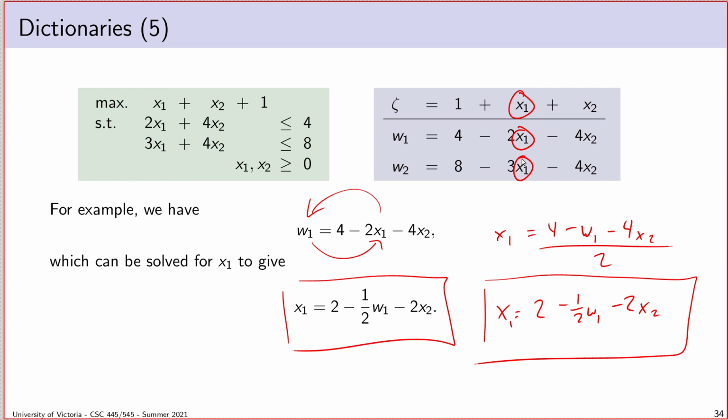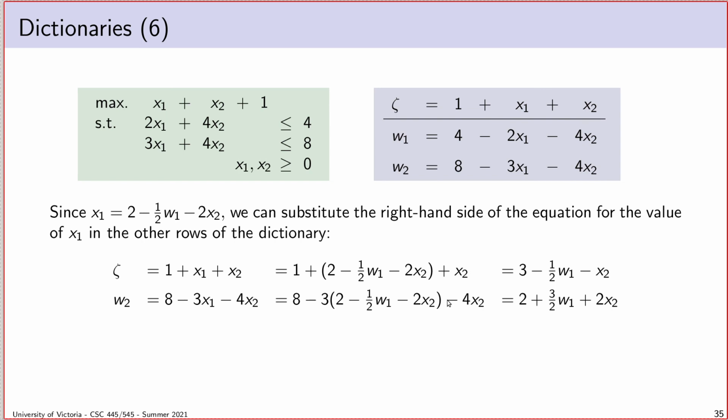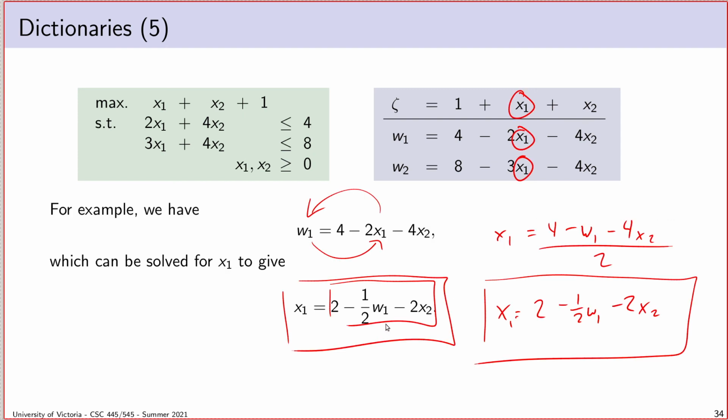What's stopping me from rewriting the dictionary with this plugged in for x1? And the answer is, well, nothing. I know what x1 by itself equals, and anywhere I see x1, I can sub in this expansion.